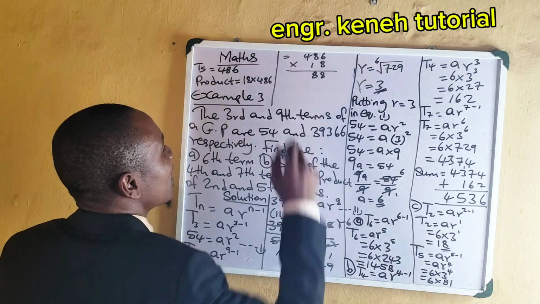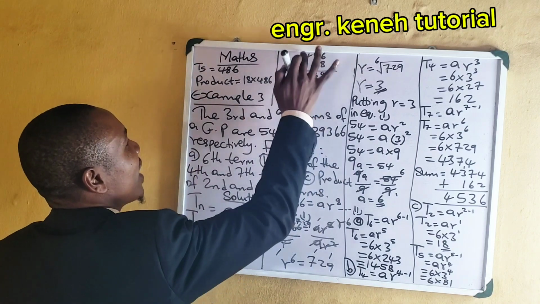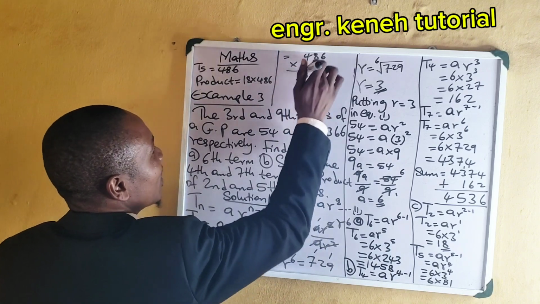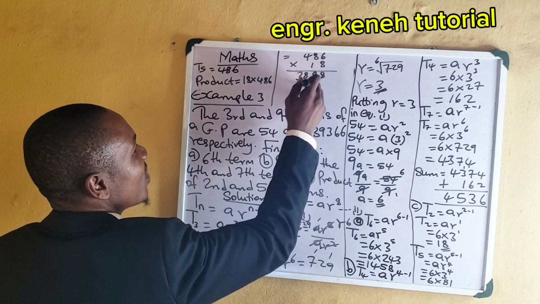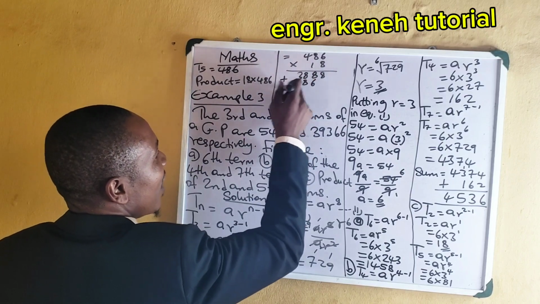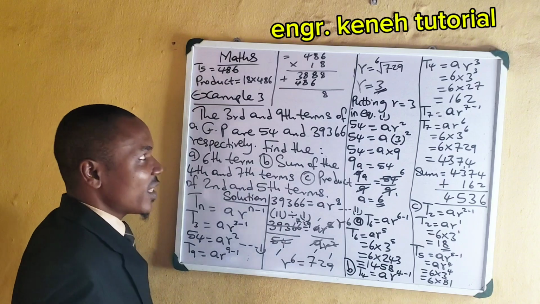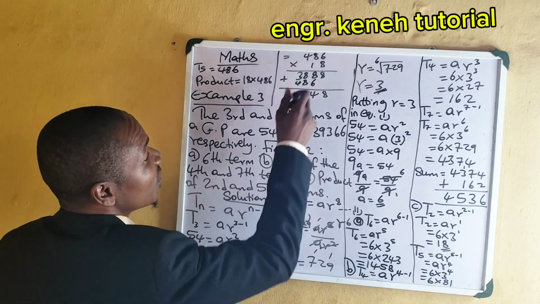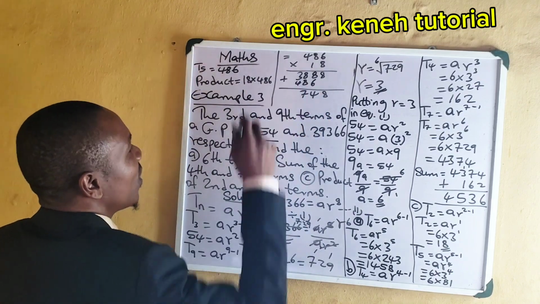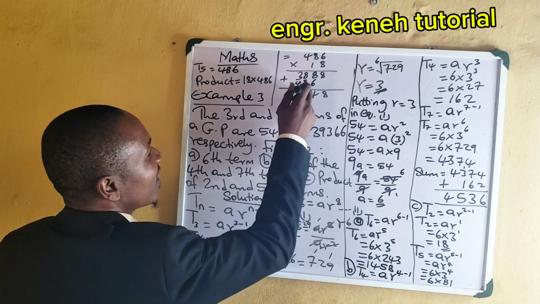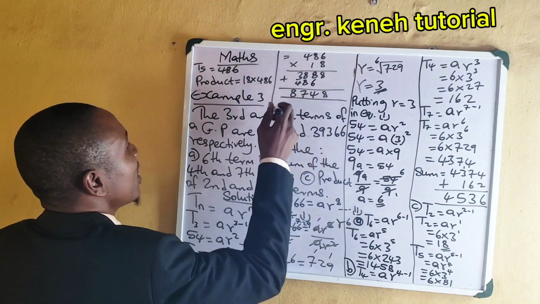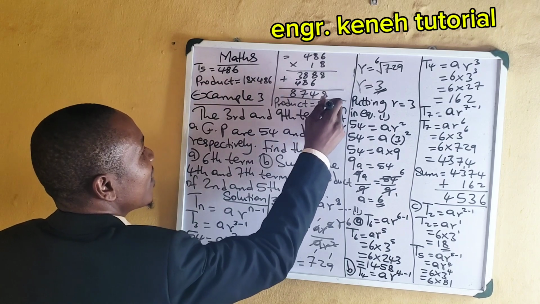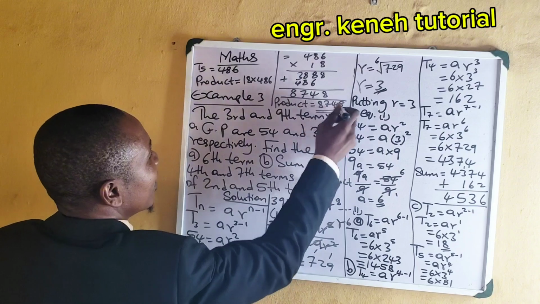So I write 8, carry 6. 8 times 4 gives me 32, plus 6 gives 38. 1 times 6 gives me 6, 1 times 8 gives me 8, and 1 times 4 gives me 4. So I add, bring down 8. 8 plus 6 gives me 14. I write 4, carry 1. 9 plus 8 gives me 17. I write 7, carry 1. 1 plus 3 gives me 4, plus 4, you have 8. All right, so it means that the product is equal to 8748. Can you see that?